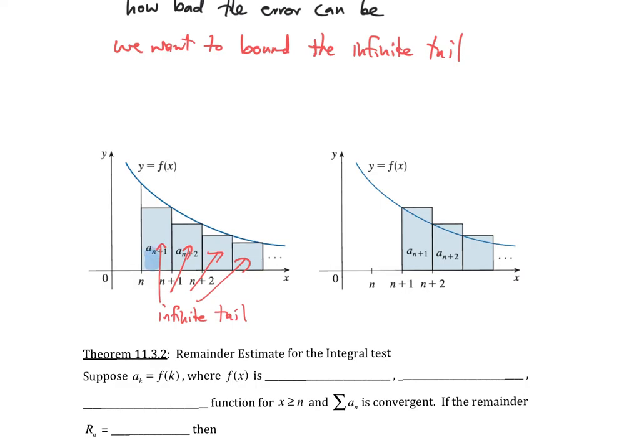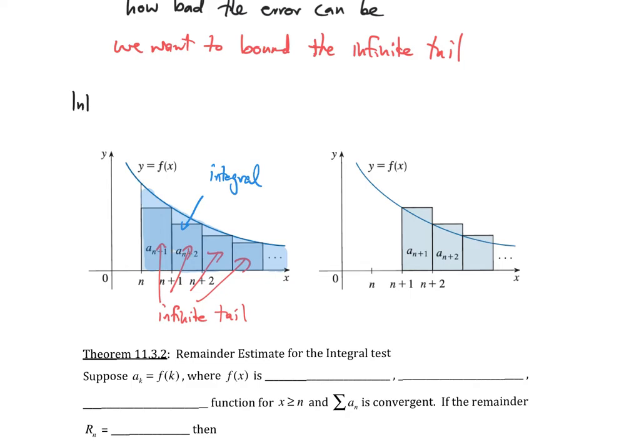So let's just shade it in blue. This blue area right here represents the area of the integral. Then I think what we can see is that this integral represents an overestimate of the error.